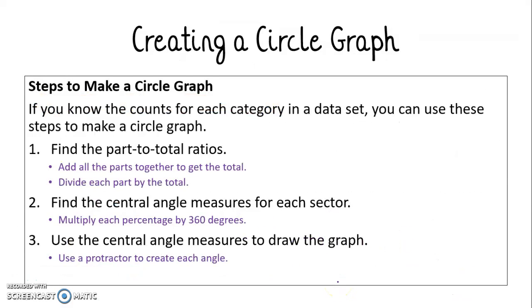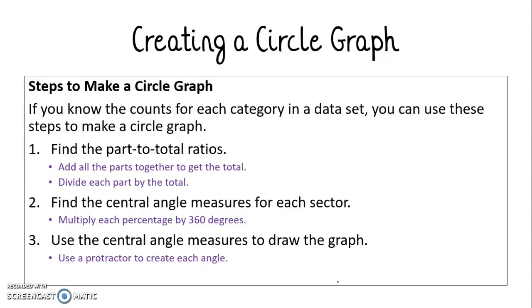Let's take a look at the steps to make a circle graph. If you know the counts for each category in a data set, you can use these steps to make a circle graph. So first we have to find the part to total ratios. And you do that by adding all the parts together to get the total, and then you divide each of the parts by the total. Then we're going to find the central angle measures for each sector.